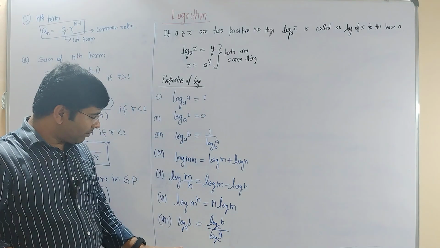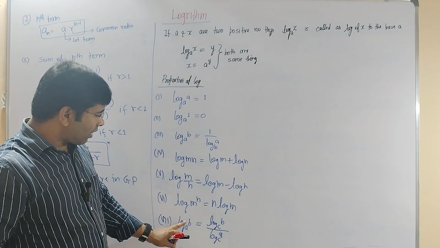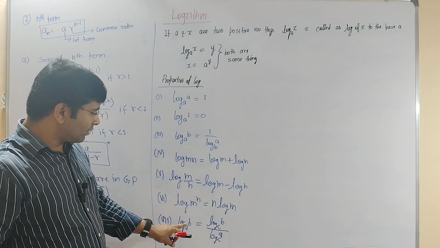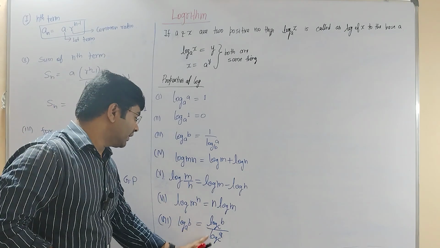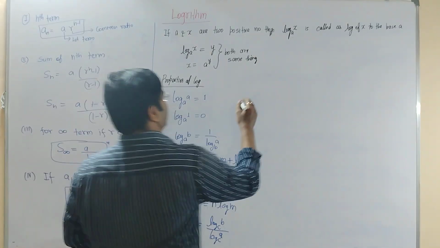So here I'm introducing one base, so it will become log of b to the base c, log of a to the base c. Okay, so we can write like this.